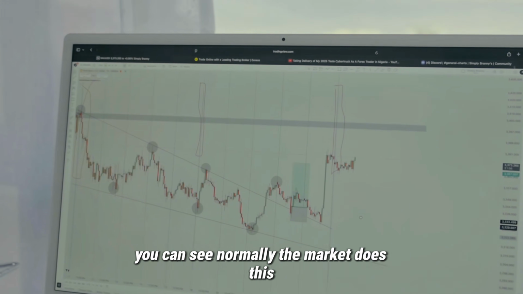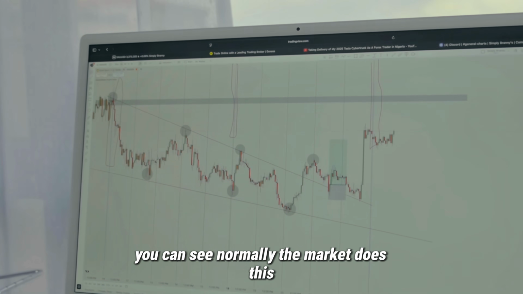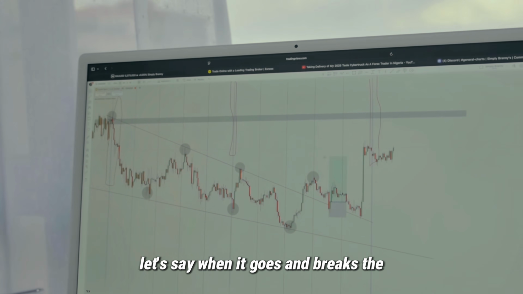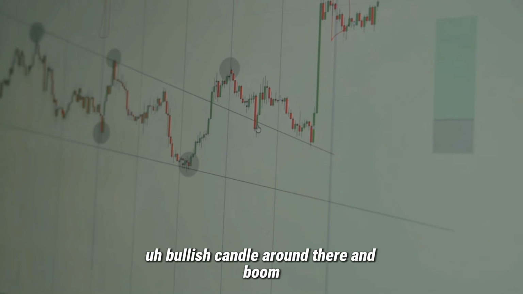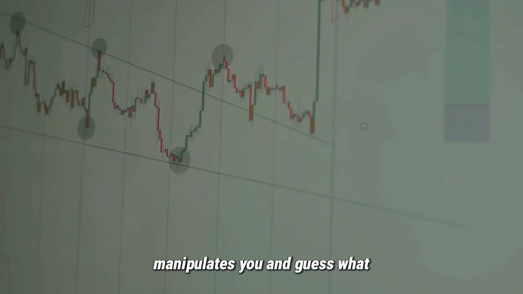You understand? You can see normally the market does this. Let's say when it goes and breaks the trend line, comes back, bounces here, creates this bullish candle around there, and boom, manipulates you. And guess what?